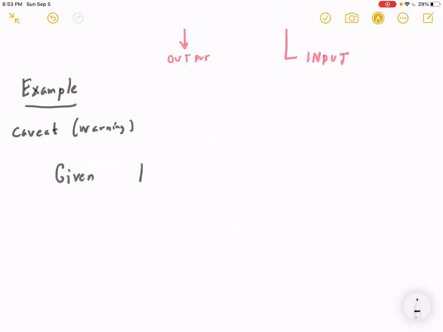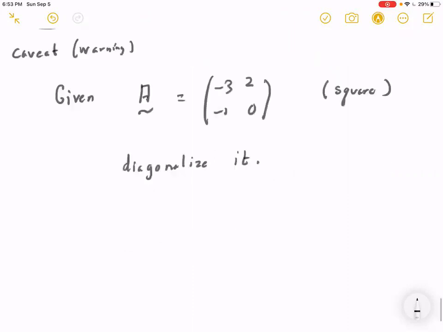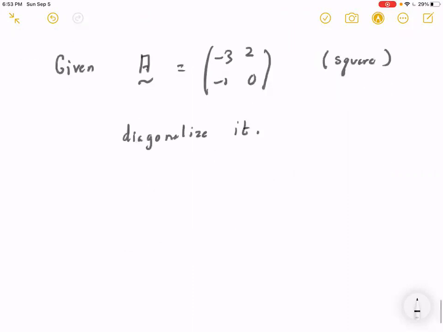So suppose I give you a matrix A, and one of the things that you should realize by now is that this matrix has to be a square matrix if you want to diagonalize it. So the task is: give me a matrix A, which is square, diagonalize it. Okay, so what do you have to do?